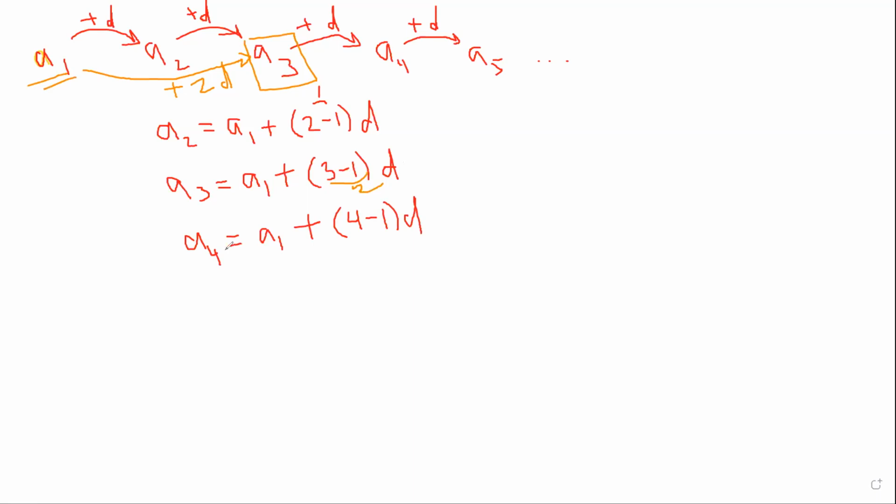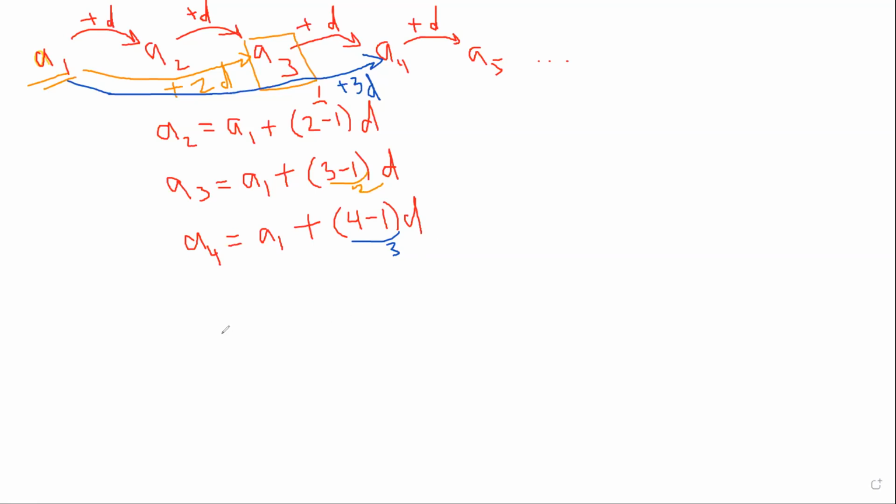So to get to the fourth, how many D's did I add? 3, right? Because it looks like I add 1 D to get to A2, another D to A3, and another one to get to A4.